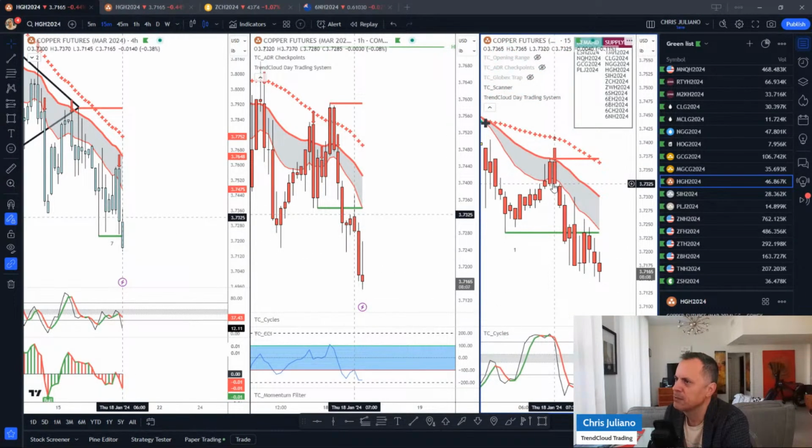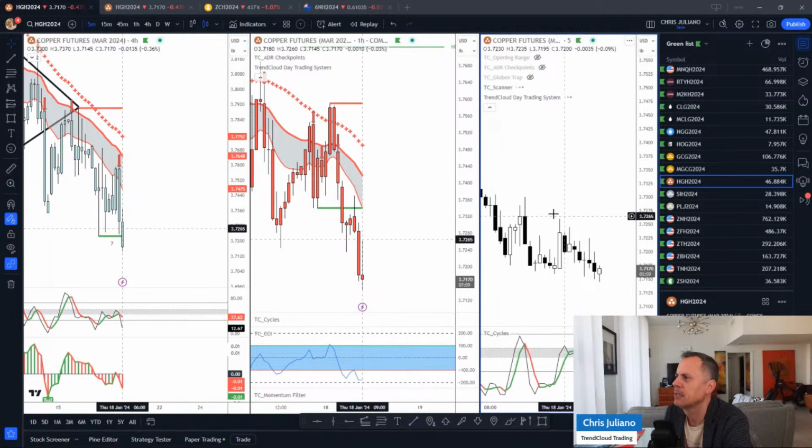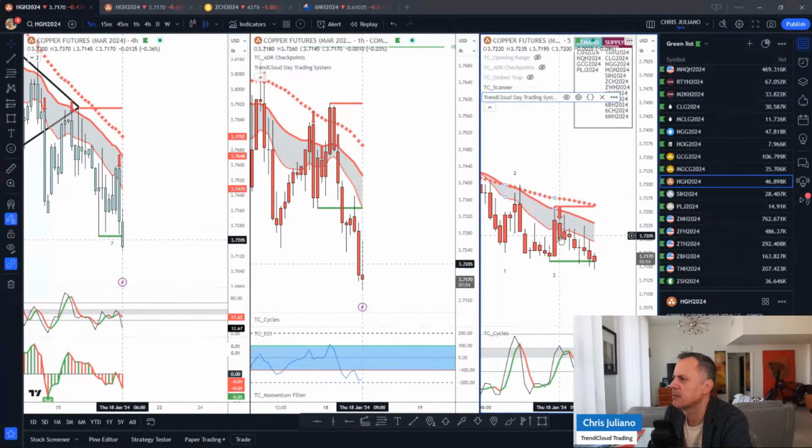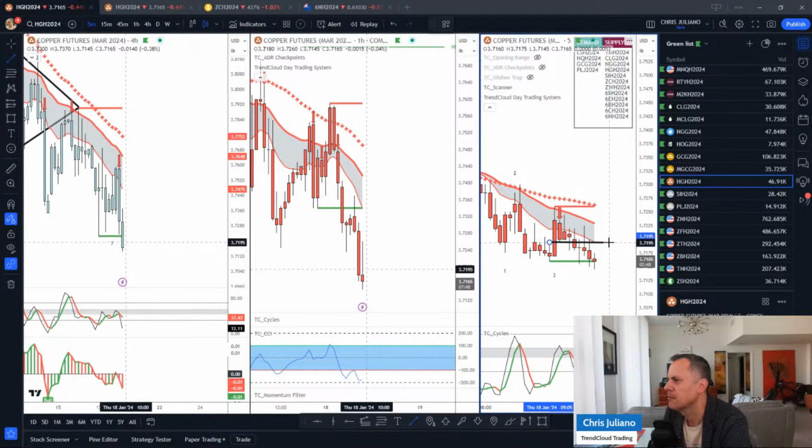That 15-minute momentum signal at 7:30 in the morning, should have caught that. And then the 5-minute signal right here at 9:15, that is working out right there.